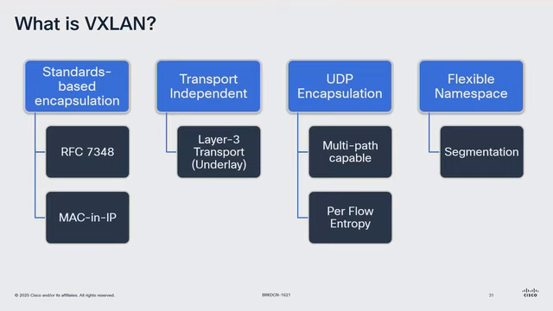Now, if I'm using a 24-bit field, I can get 16 million segments using VXLAN. That doesn't mean your switch is going to support that many segments. What that means, though, is your fabric is going to be able to support different VNIs, virtual network identifiers, so there's no collisions on the wire. And that's important because we're using a new technology called VXLAN.